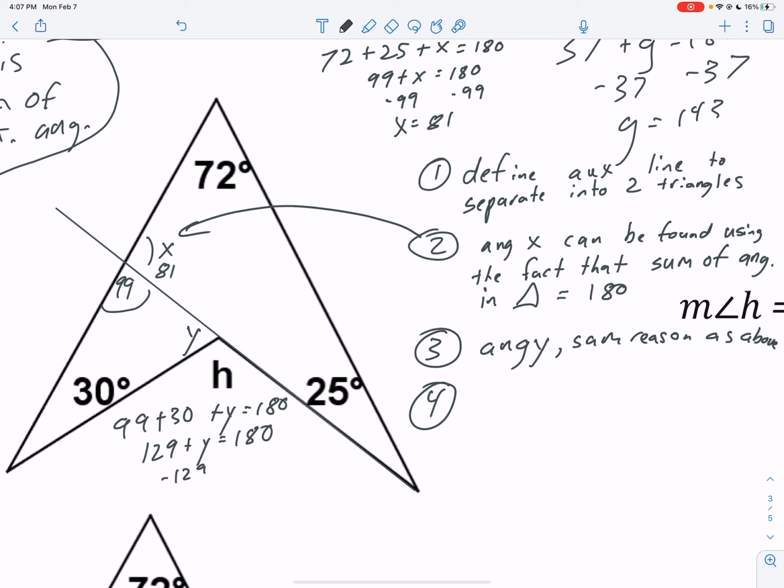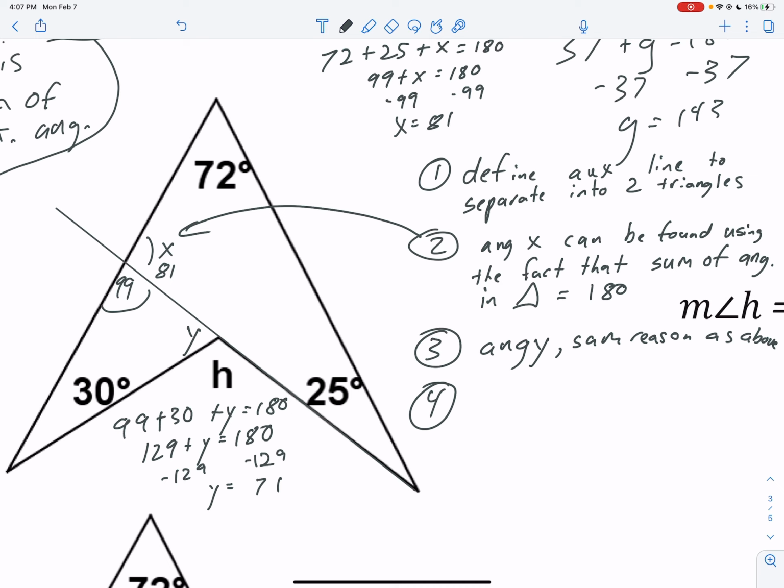Subtract 129. Y equals, what is that? 71, I believe. 71. Unless we goofed something. There's always that possibility.